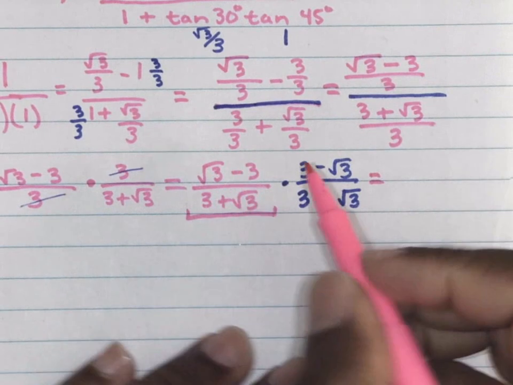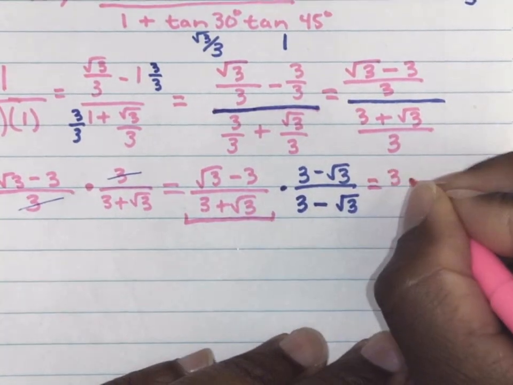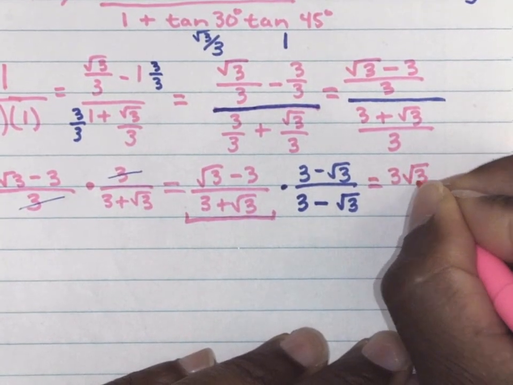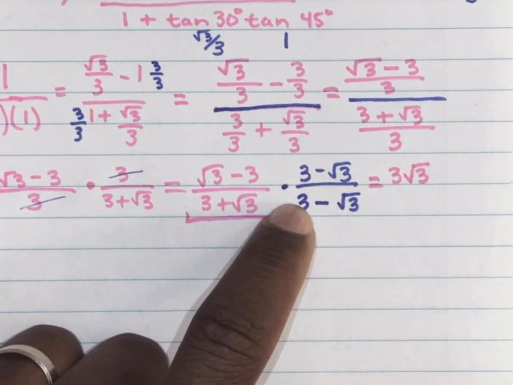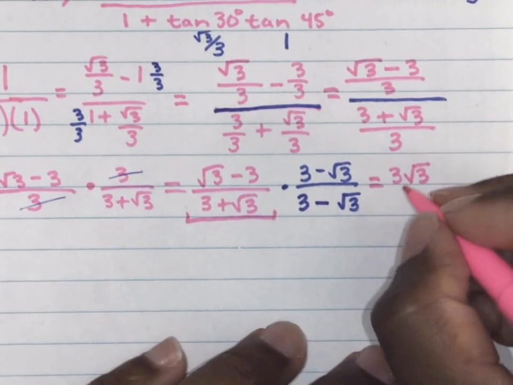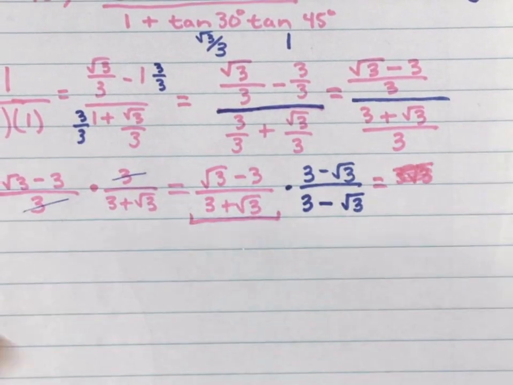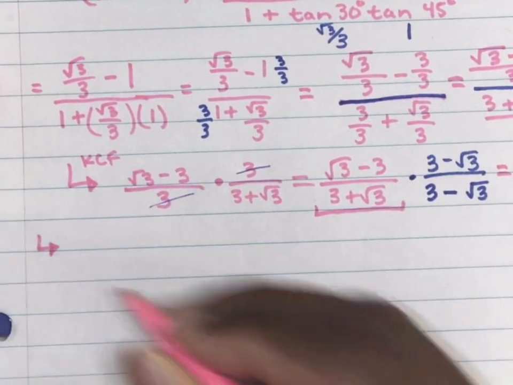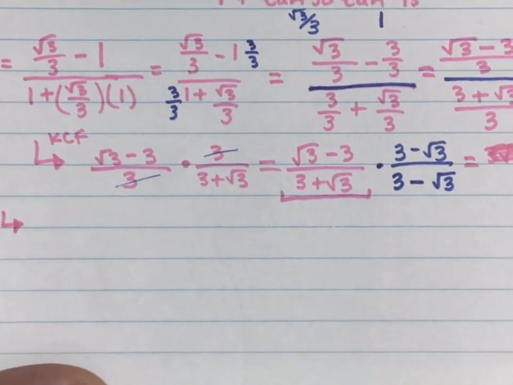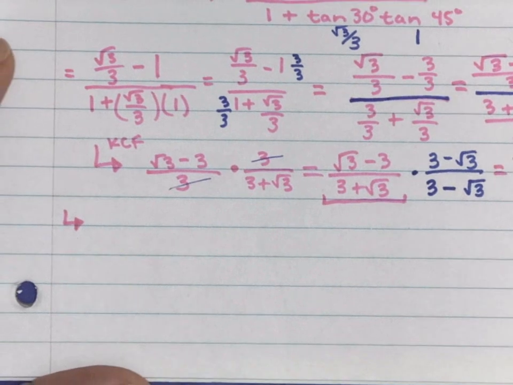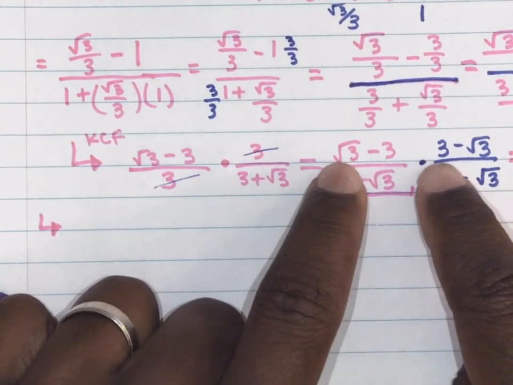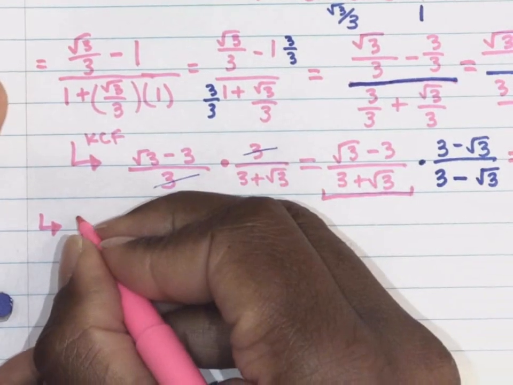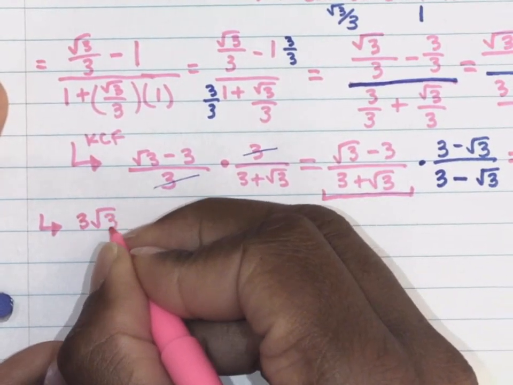All right, so let's go down here. First times first, root 3 times 3 gives me 3 root 3.